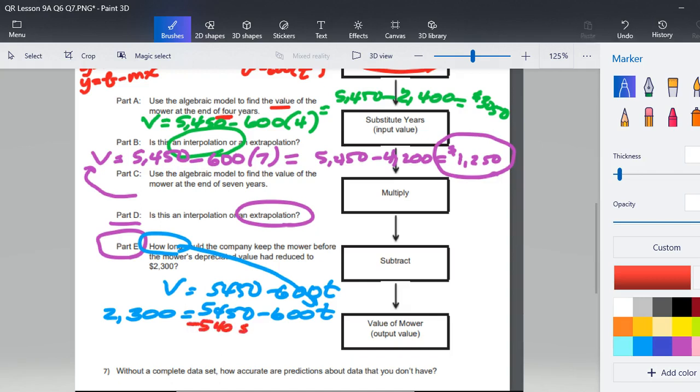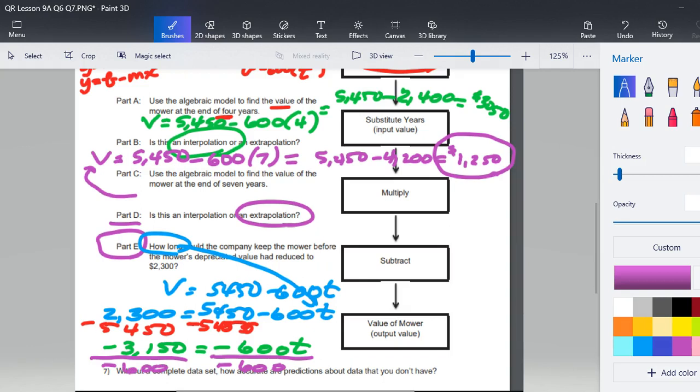Let's subtract the y-intercept, and grabbing my calculator, I'm at 2,300 minus 5,450, and I get negative $3,150 is the same as negative 600 times t. To finish off this equation, to find out what my t's value is, I'm going to divide both sides by negative 600, and when I am done, I will have my value of t.